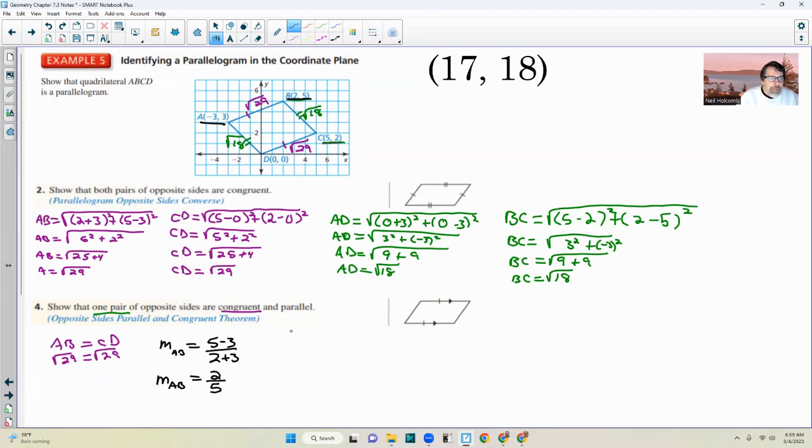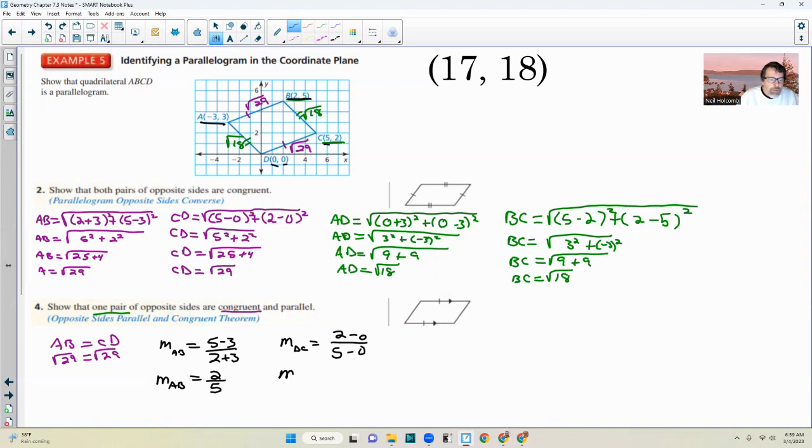Okay, and then I'm going to do the slope of CD. So the slope of DC, let's call it DC. The slope of DC equals y2 minus y1 over x2 minus x1.